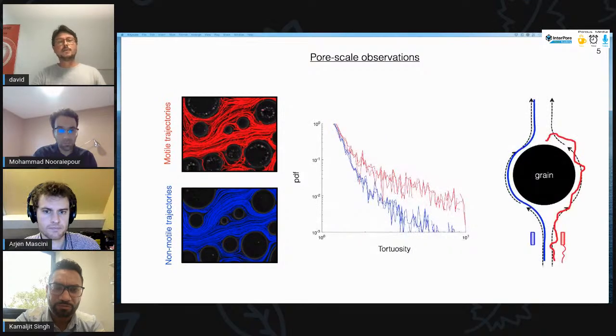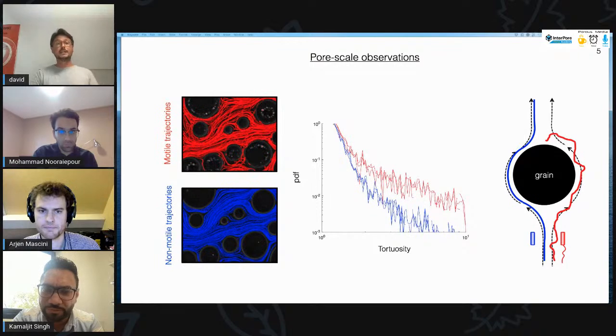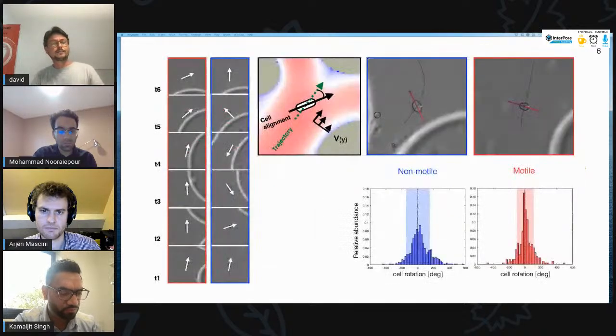But motile cells did not only swim faster along the system, they also explored broader space by swimming, as confirmed by analyzing the tortuosity of their trajectory. So overall, this enabled them to actively explore the space for resources or also evade regions with unfavorable conditions.